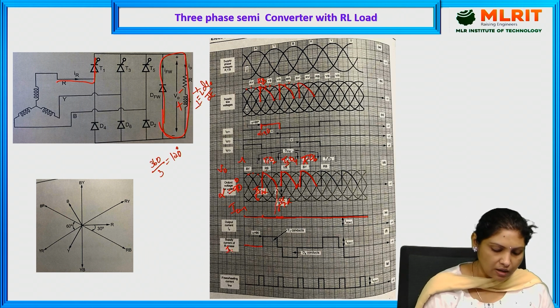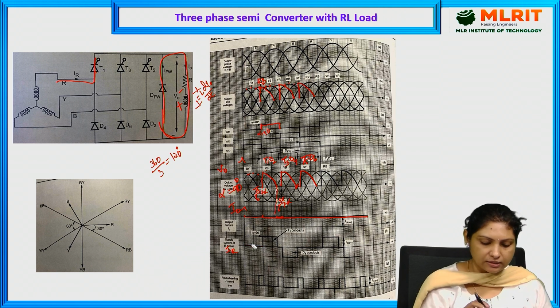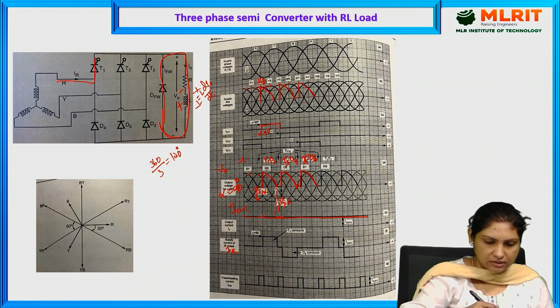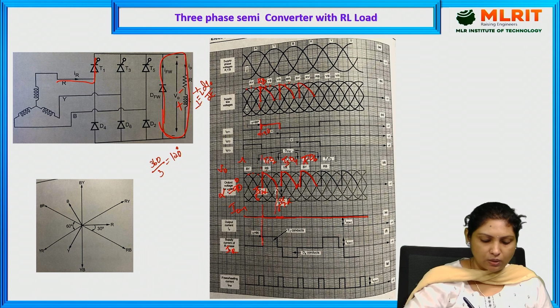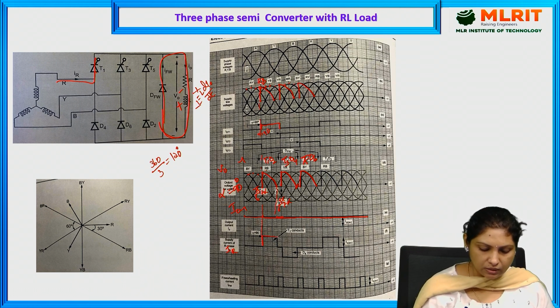As long as thyristor 1 is conducting, we are triggering the thyristor at 30, 60, 90 degrees. So at this instant thyristor 1 was triggered and it is conducting, and how long it will conduct, till this instant.